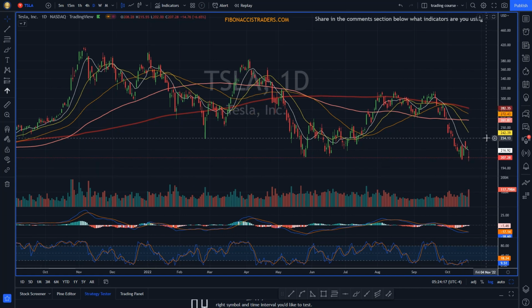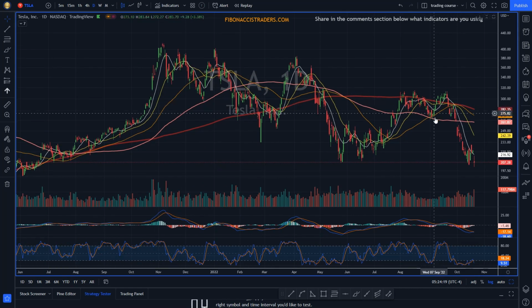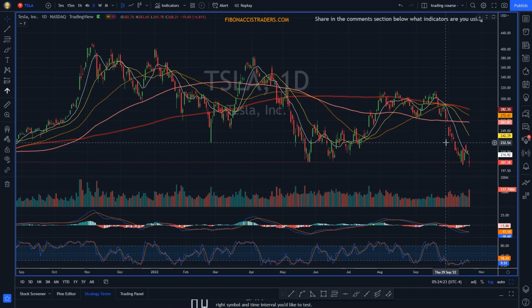If I'm not in a position yet, and I ask them, do I go long or do I go short from here? Some will say long. Why? Because it's too far from the 50 MA to the downside, and the RSI here indicates that we are in oversold area.